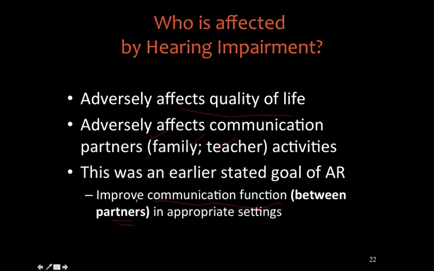So we'll expand on this idea as we go through, that in many cases, the quality of life improvement that occurs for an individual with a hearing impairment really is something that benefits to a much larger extent their family members. On that note, we'll adjourn to slide set number 3.